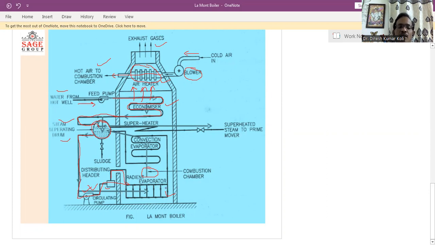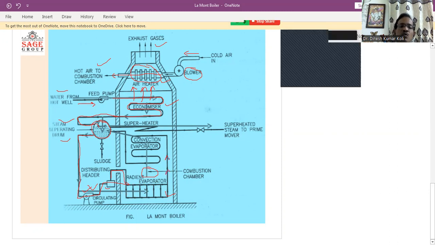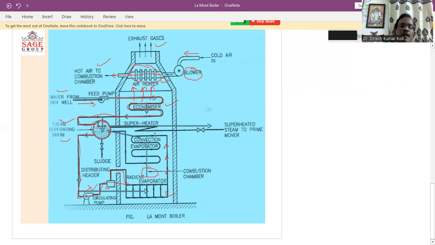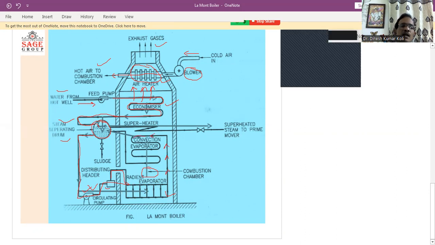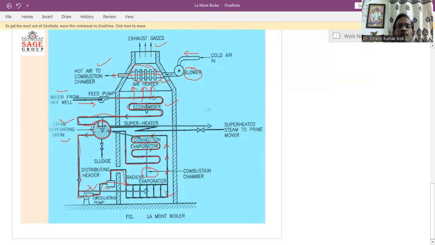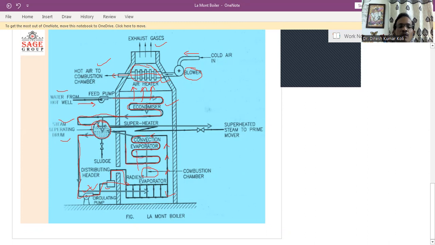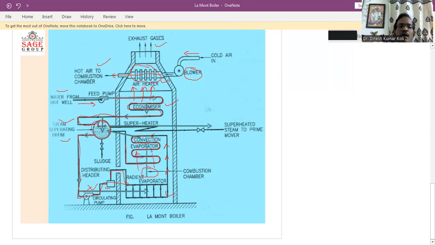Now after passing through this radiant evaporator, this mixture passes through the next evaporator, which is called the convection evaporator, and the mode of heat transfer here is convection. This mixture is passing inside the tubes, and from the outside the hot gases are moving upward.